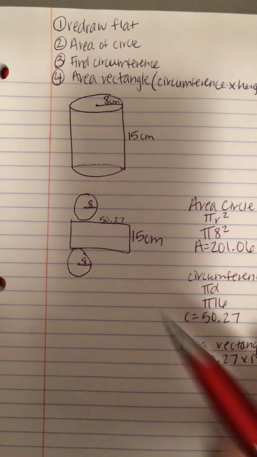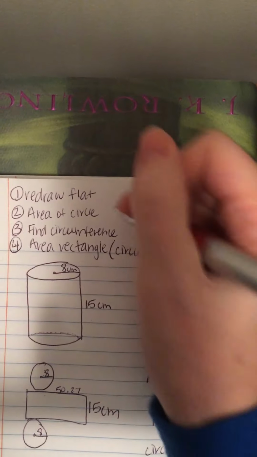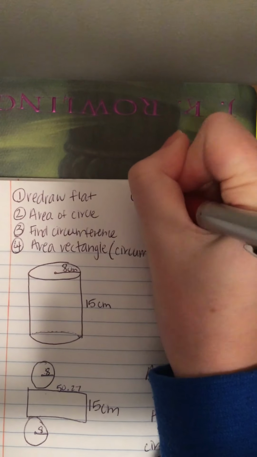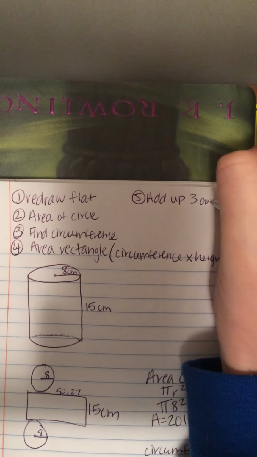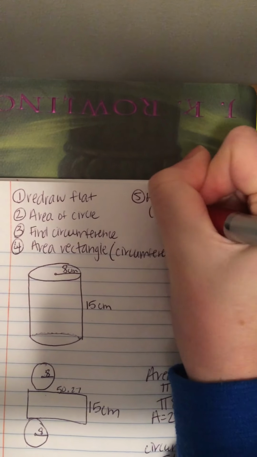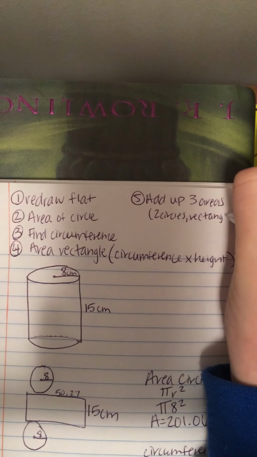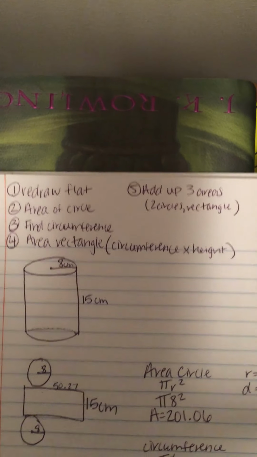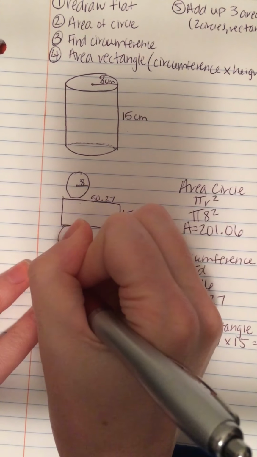Now I have my 3 areas: circle, rectangle, circle. So the last thing I need to do is add up my 3 areas, that is 2 circles and then the rectangle. Do that right here.